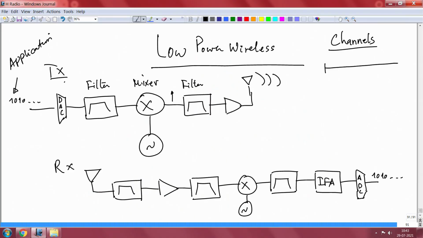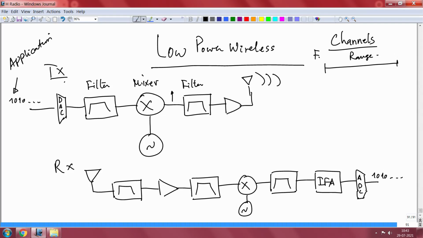Channels come from a large band. I should start using the right word, I will say range. This is the range of frequencies given to you. This is F1, this is F2.